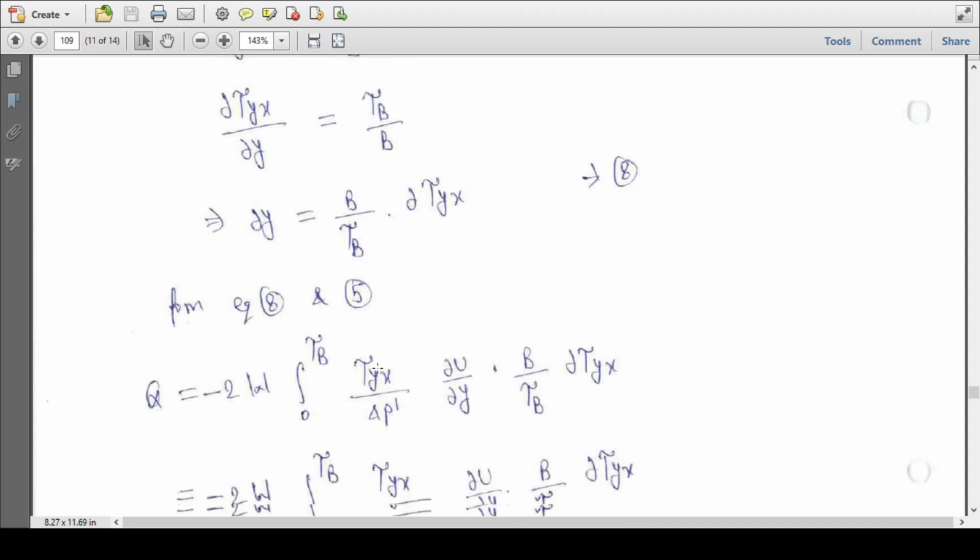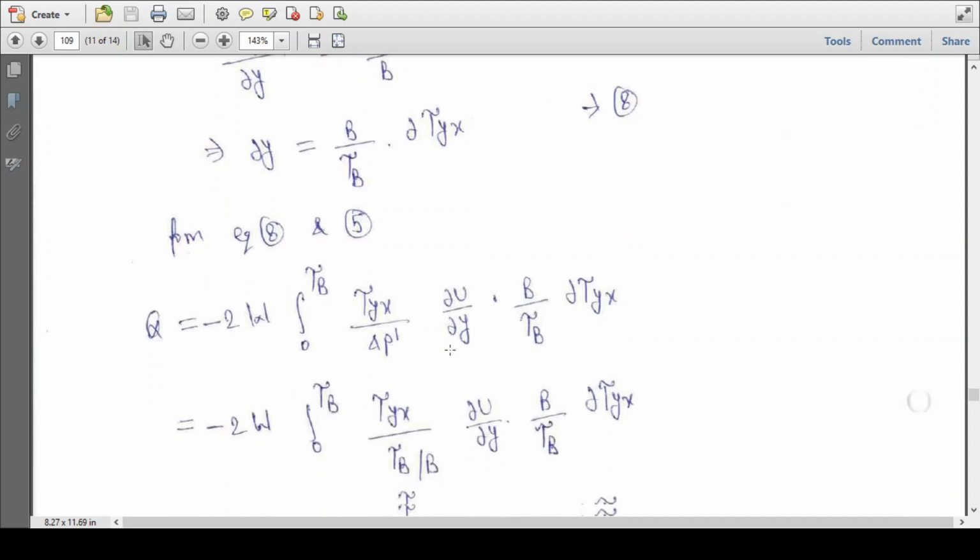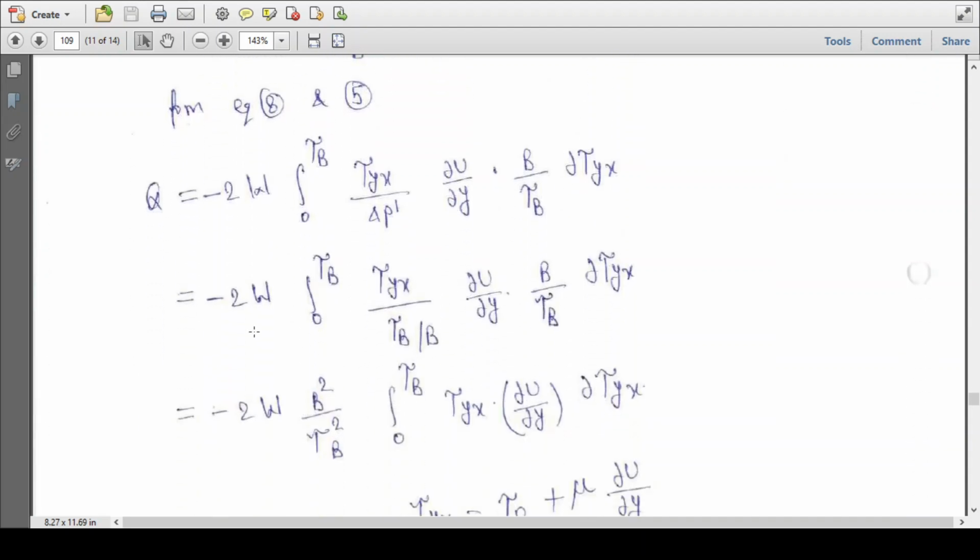If you simplify this, you will get minus 2W naught upon tau b, tau yx upon tau b upon b, del u upon del y, b upon tau b del tau yx. So this we have here.